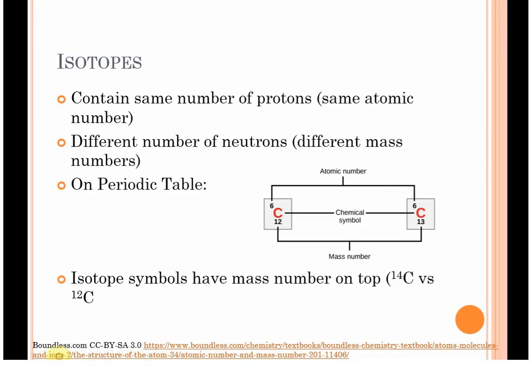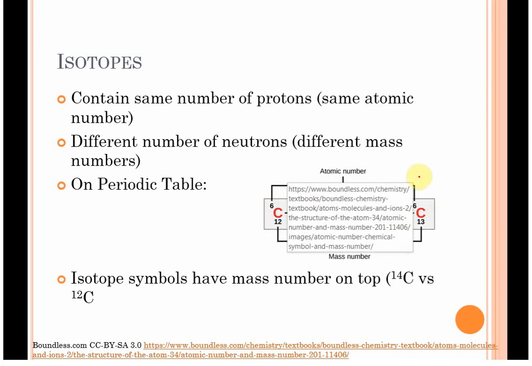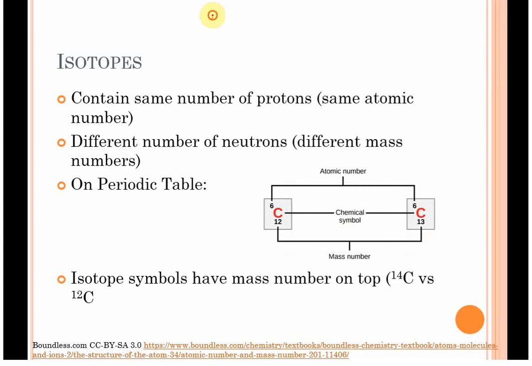So, for example, you can have carbon that has a mass of 12 or carbon that has a mass of 13. Now, if you have carbon with atomic number 6, it must have 6 protons, period. That is just truth. But the mass number is protons plus neutrons.